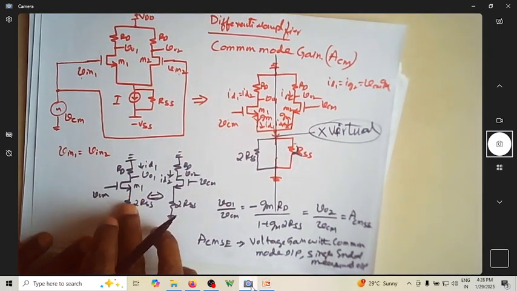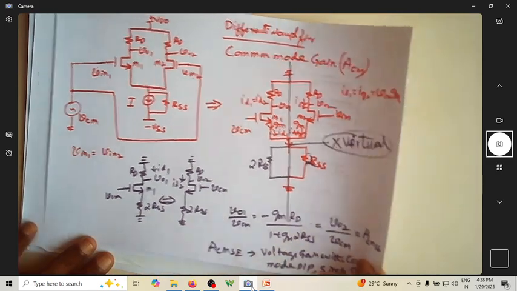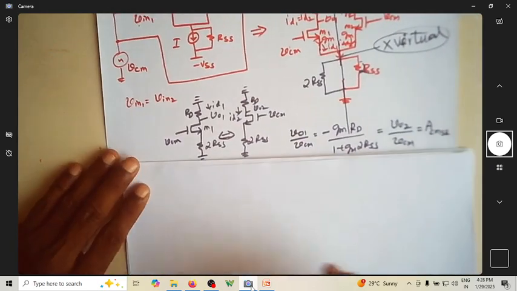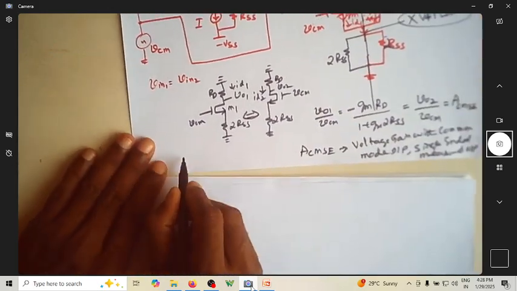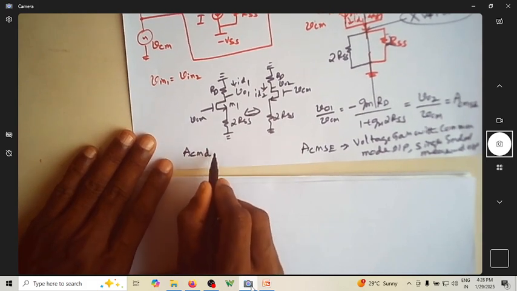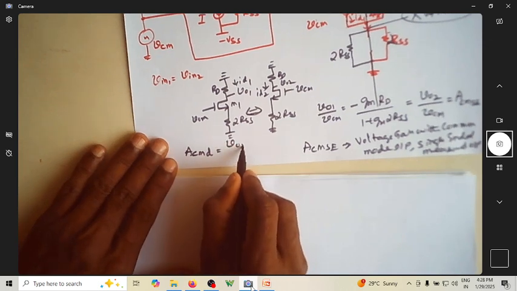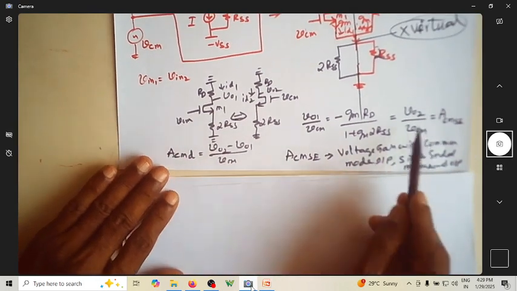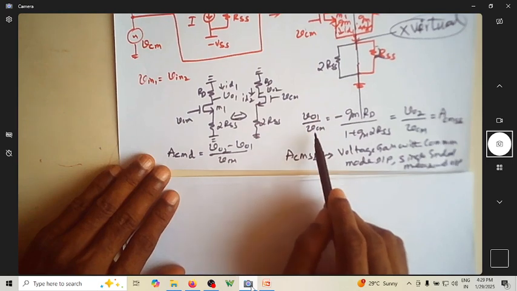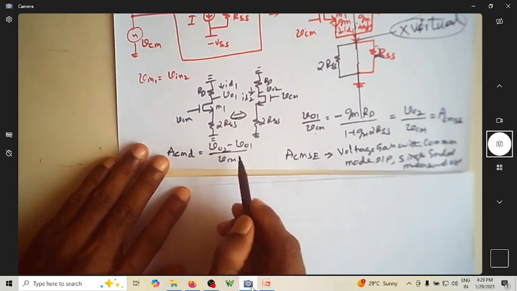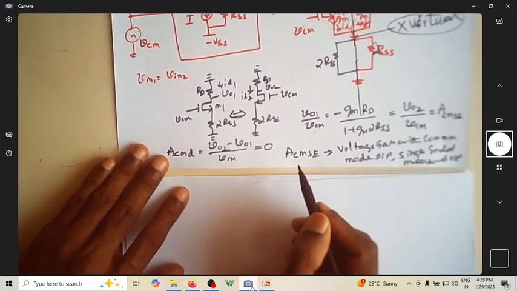This will become a CS amplifier with source degeneration, with source degeneration resistors of 2 RSS. Of course, we can also find the common mode gain when measuring it differentially, which is nothing but V02 minus V01 by VCM. Since V01 by VCM and V02 by VCM are the same value, the subtraction will actually become 0.